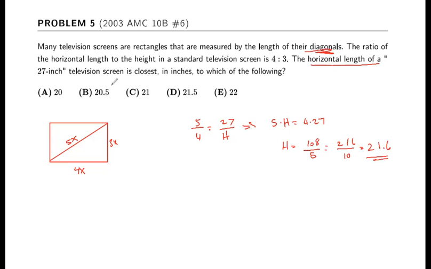So this is exactly 21.6, but since this is closer to 22, so I should be going with, actually no, we have some fractions as well. Since we have like 21.5, I was expecting the integer, but it's not. So this is 21.6, but the closest number of these choices is 21.5, okay? So that would be the answer.